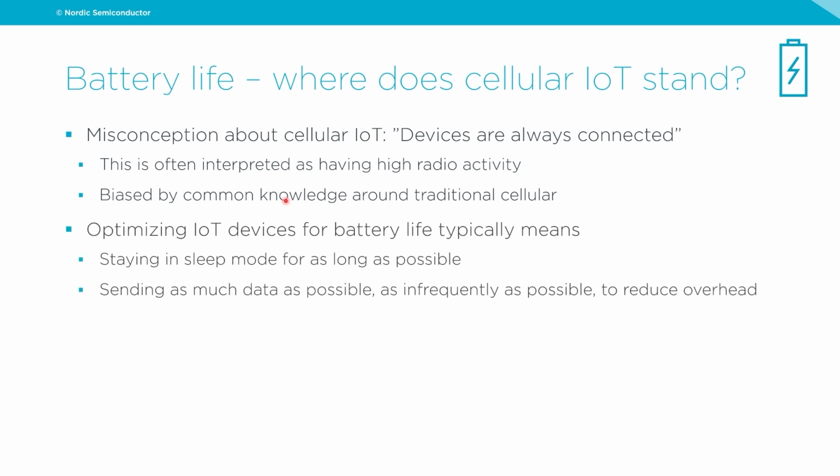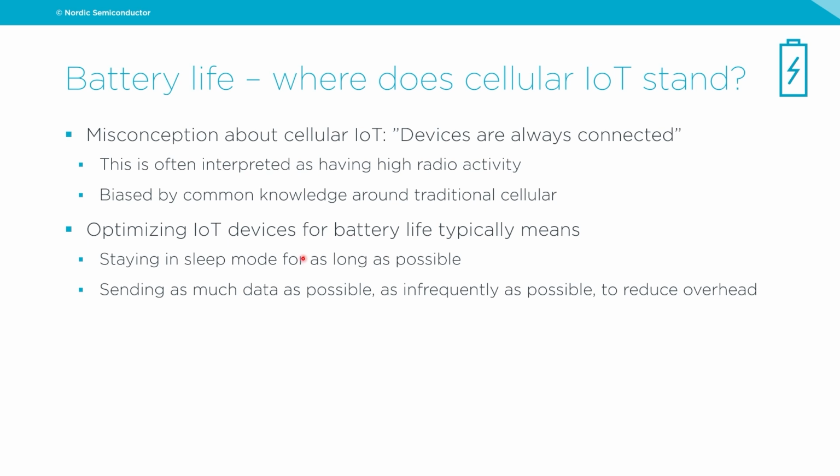And when we're talking about IoT devices, whether it's LPWAN or any other technology, if you want to optimize for battery life, from a high level and a bit simplified view, it means two things. You need to stay in a sleep mode for as long as possible. So don't use the radio. Coincidentally, being IoT, the best way is to use the radio as little as possible.